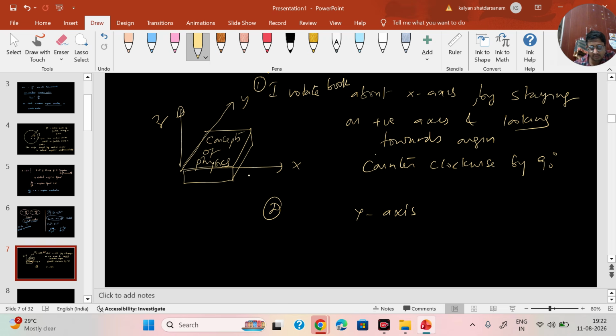First, if I rotate about the x-axis, you are staying here, looking towards origin and rotating the book by 90 degrees anti-clockwise. You will see the book coming to the xz plane in this manner, Concepts of Physics will be visible like this.